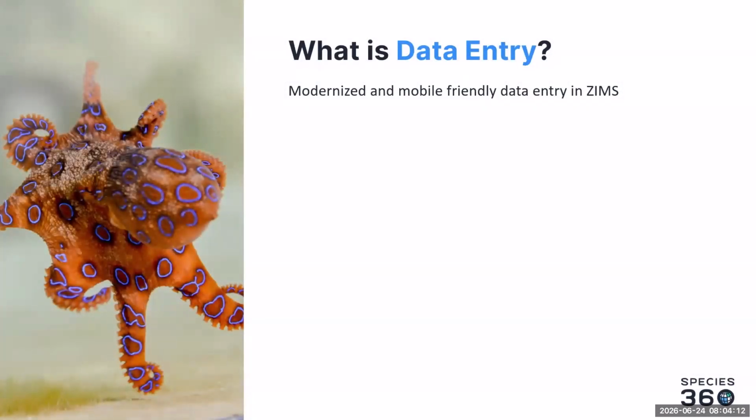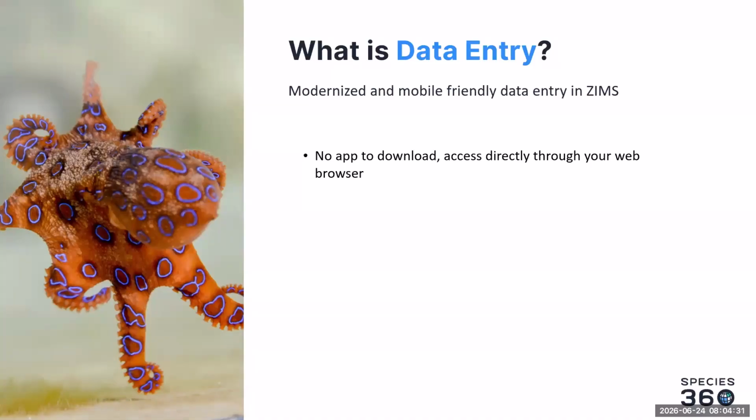Data entry is our modernized mobile-friendly data entry in ZIMS, and it'll let you record information about your animals whilst you're on the go. It can be accessed straight from your web browser, and there's no need to download an app.